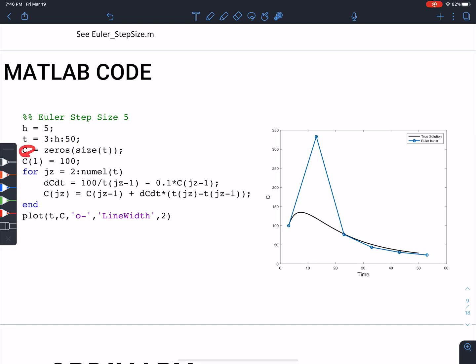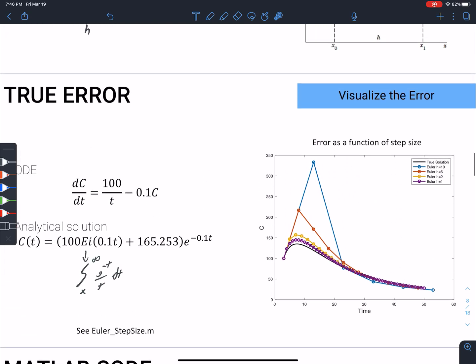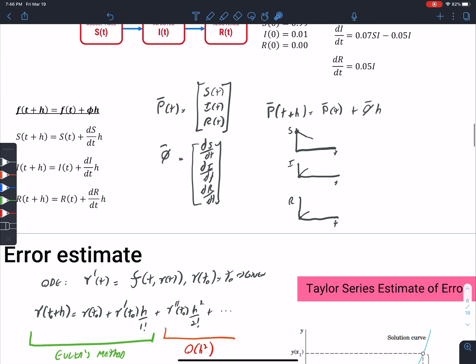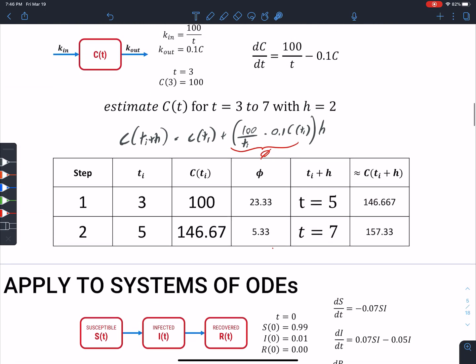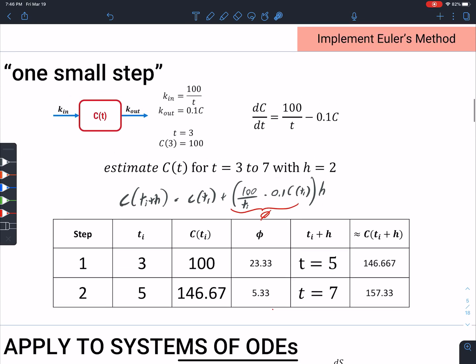So we create an array to store all the values here. C1 is given by our initial value. Where is it stated? It's somewhere over here. So we're using this problem here as the example.